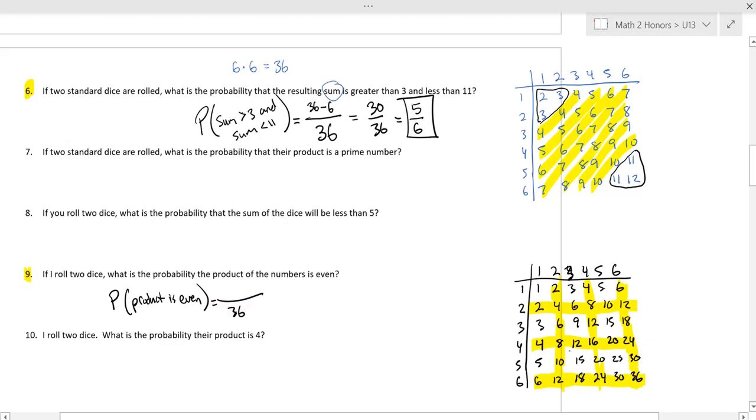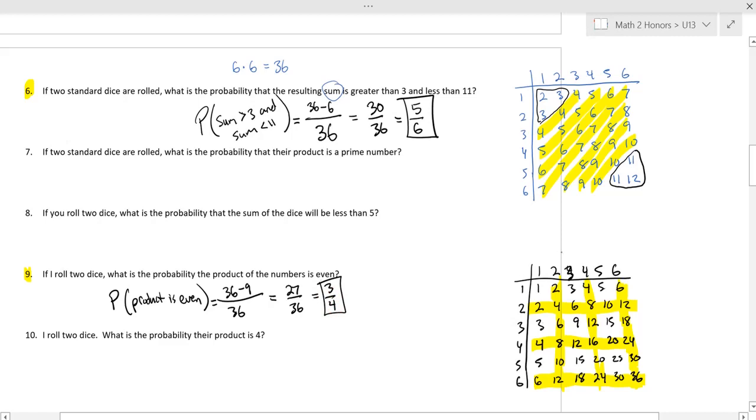And again, it might be easier to count what's not highlighted. There's less than this. We got 1, 2, 3, 4, 5, 6, 7, 8, 9. So 36 minus 9, which is 27 out of 36. Divide top and bottom by 9, and I get 3/4.